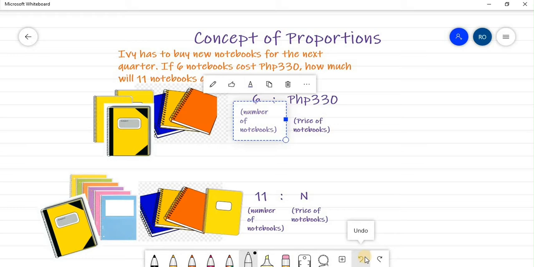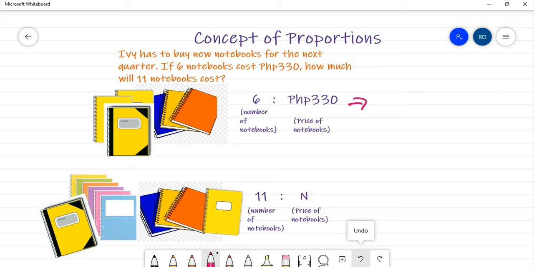We have 6 to 330, which we can write in fraction form: 6 notebooks over 330 pesos, same as 11 notebooks over n, the unknown price of 11 notebooks.